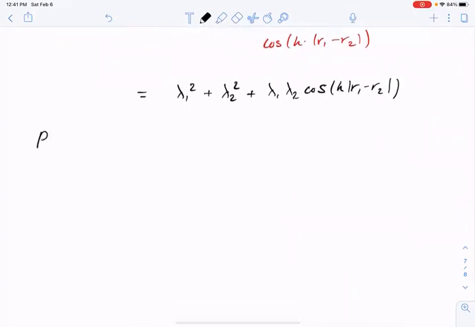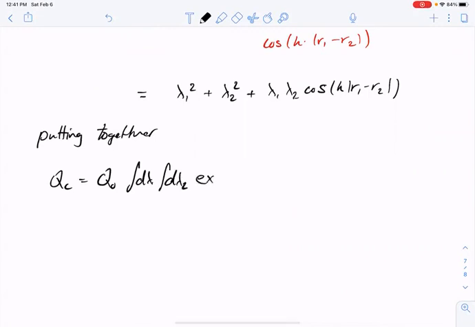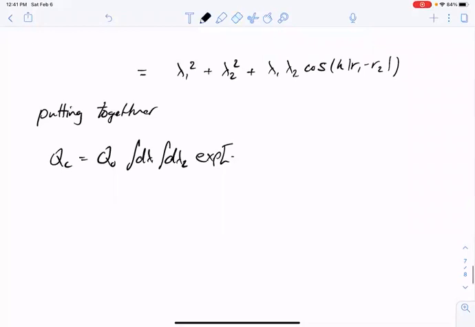So writing this out, we have Q of C equal to Q naught, integral lambda 1, integral lambda 2, exponential of minus 1/2 quantity lambda 1 squared plus lambda 2 squared, and its variance is the sum over chi of k.